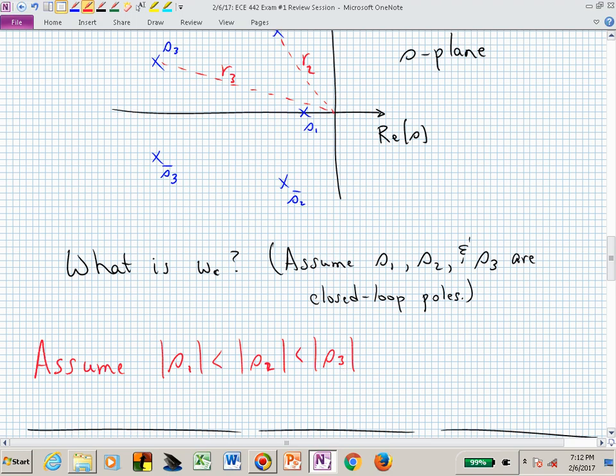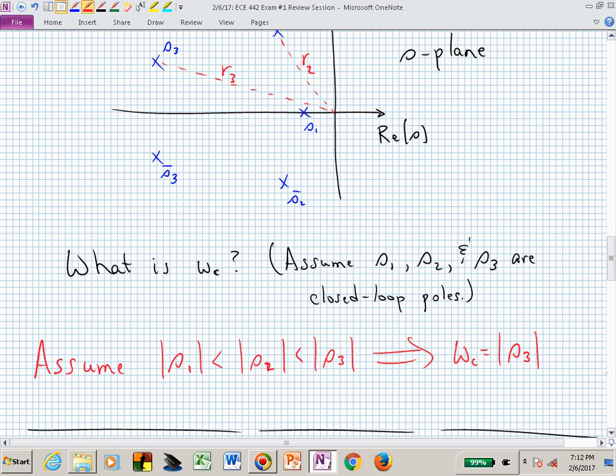And omega sub c is related to that hypotenuse, or the natural frequency, or the magnitude of those complex numbers. If this is the case, then we would say, oh, omega sub c is that radial distance of S sub 3 from the origin. That's the number that we would use for omega sub c.